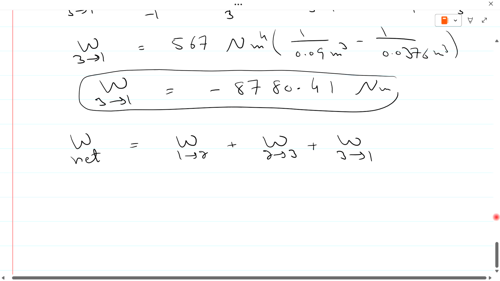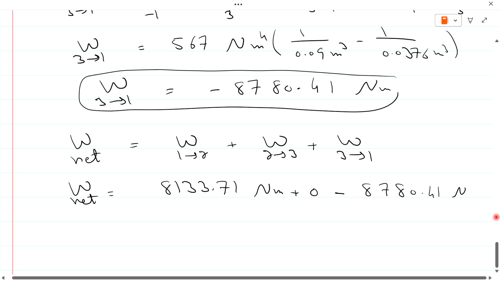So net work done will be equal to: work done from 1 to 2 is 8133.71 Newton meter, work done from 2 to 3 is 0 Newton meter, and from 3 to 1 is minus 8780.41 Newton meter.